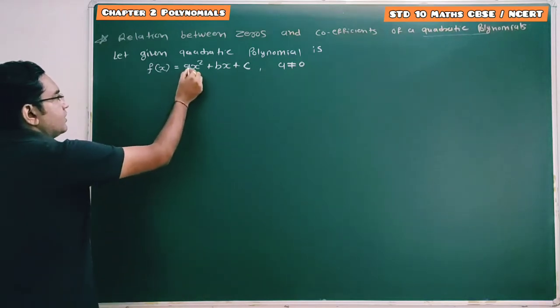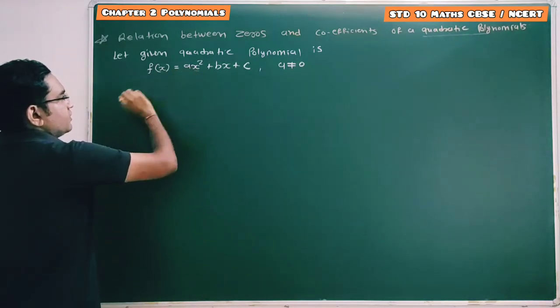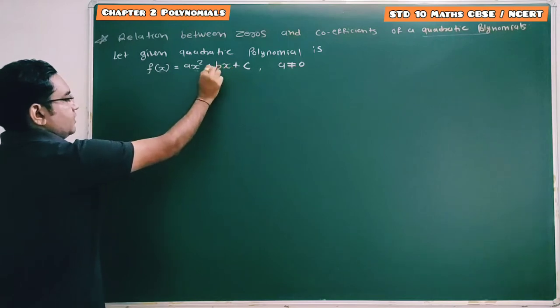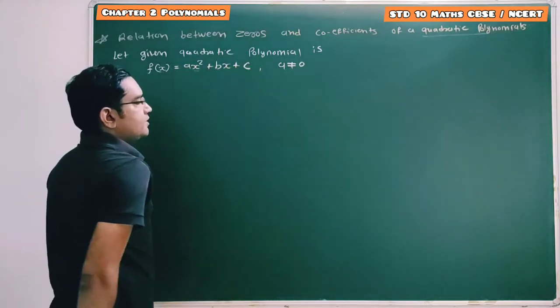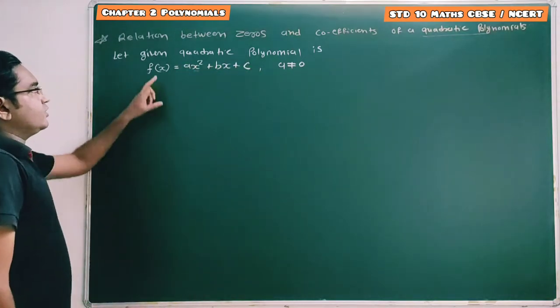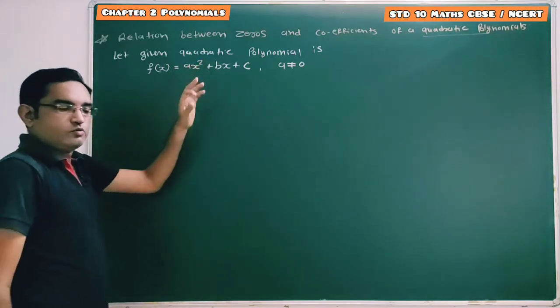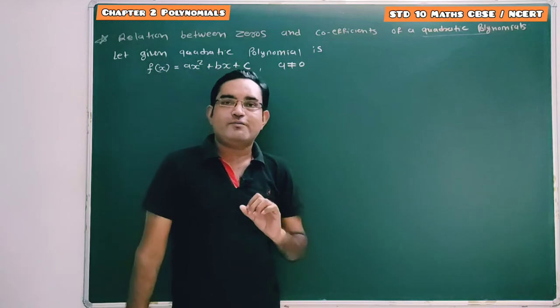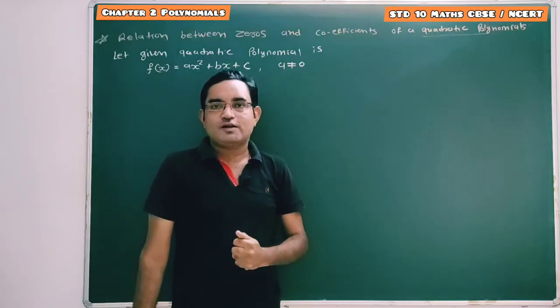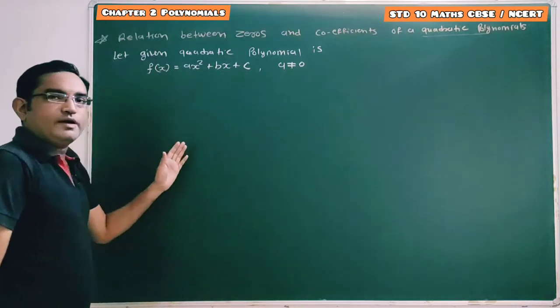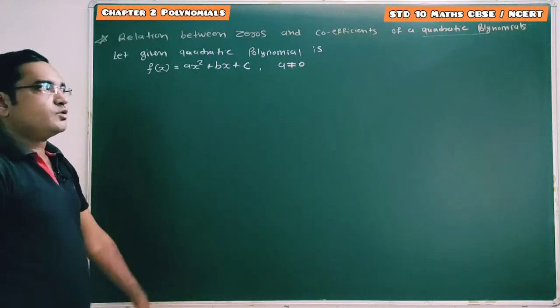So the coefficients are: the coefficient of x square is a, the coefficient of x is b, and the constant term is c. For this quadratic polynomial the maximum power of variable x is 2, so we know that a maximum of 2 zeros are there. For any quadratic polynomial a maximum of 2 zeros are there.